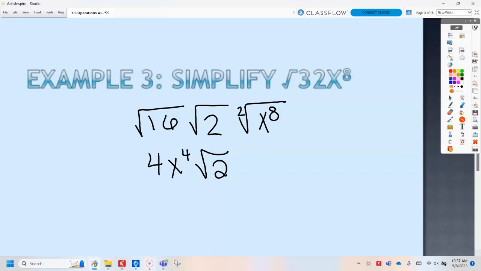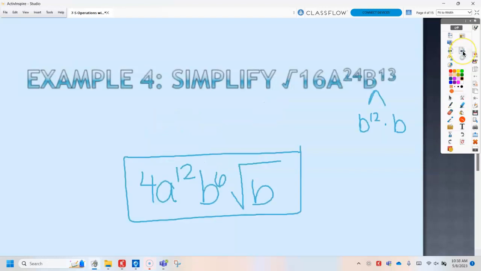So again, just reviewing kind of what we talked about last week with simplifying radicals. What we're going to do is continue or extend that today.